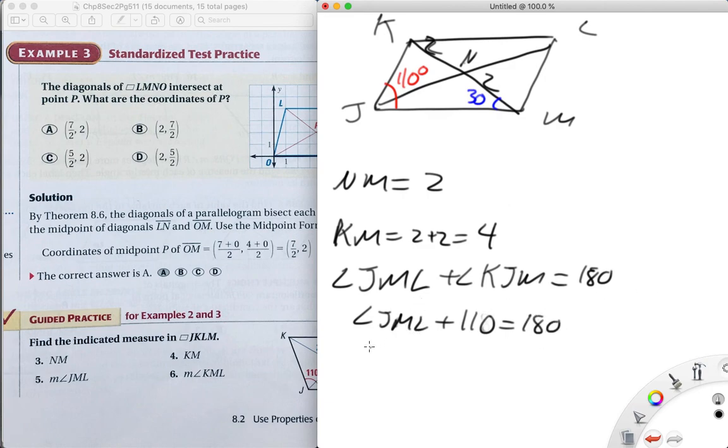Subtract 110 from both sides. Angle JML equals 70 degrees.